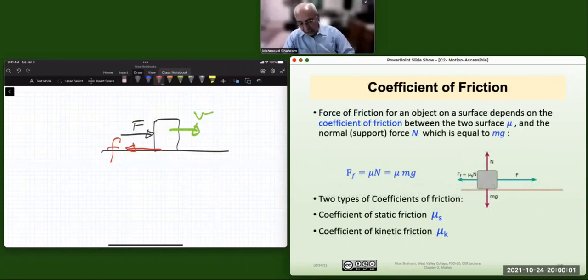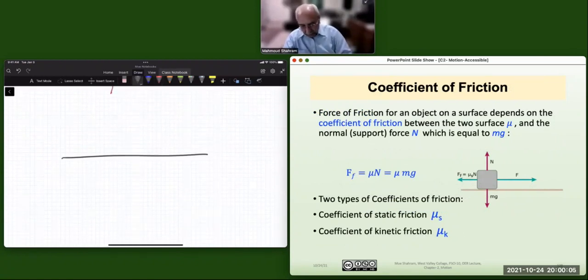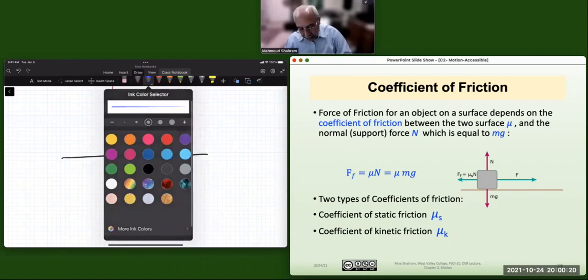What is the value of this? Well, if you have an object, obviously the forces involved here, one is the force pushing this way. The other one is the force of friction.